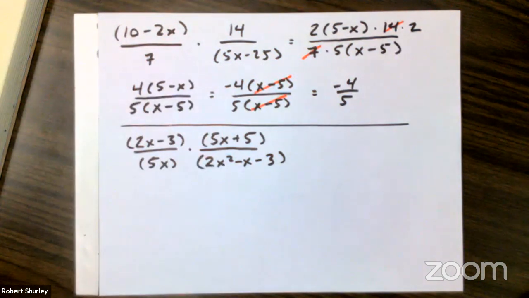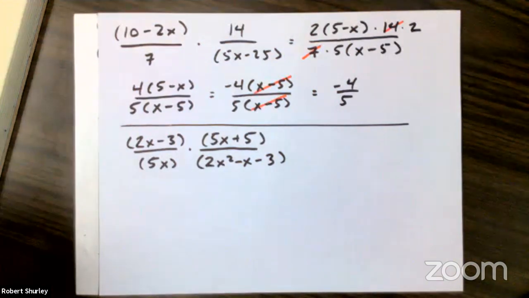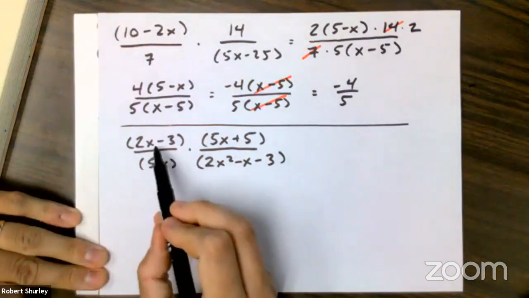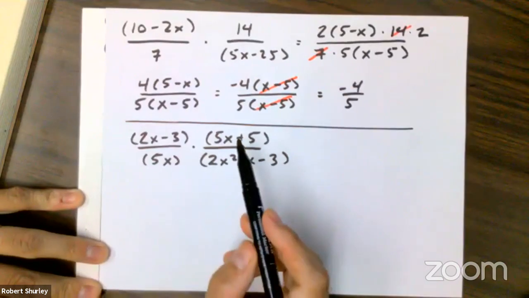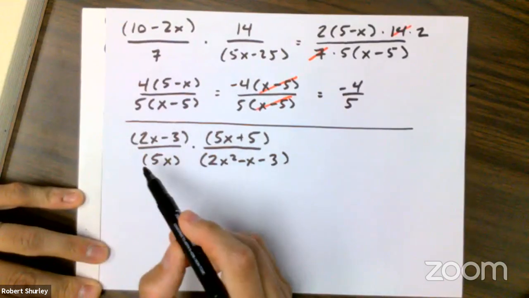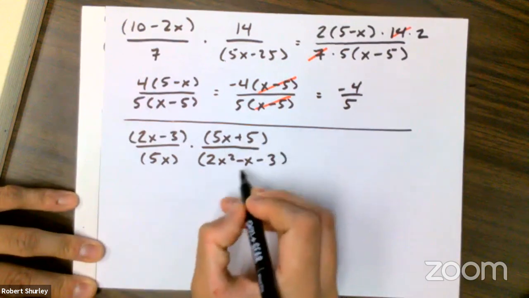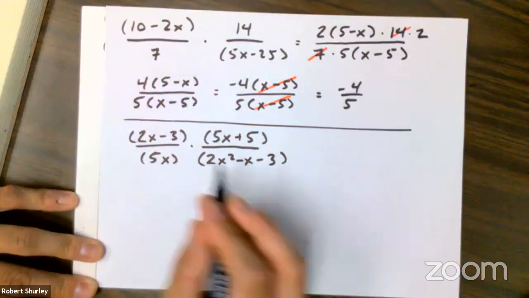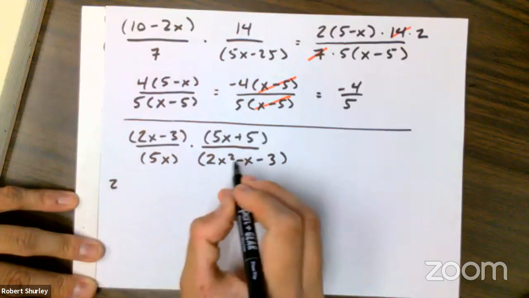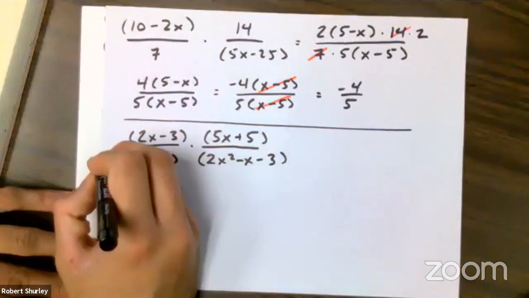Okay, so let's start rocking and rolling on this one. I think the first fraction doesn't simplify at all, right? It's the second fraction. So I can factor a 5 out of here. I've got to factor this trinomial, so I'm going to do that on the side. 2 times -3 is -6.